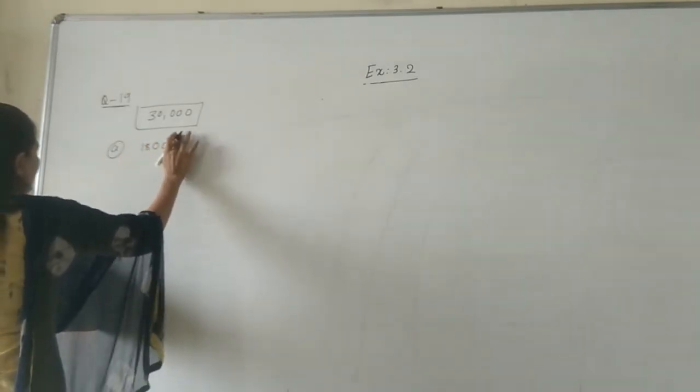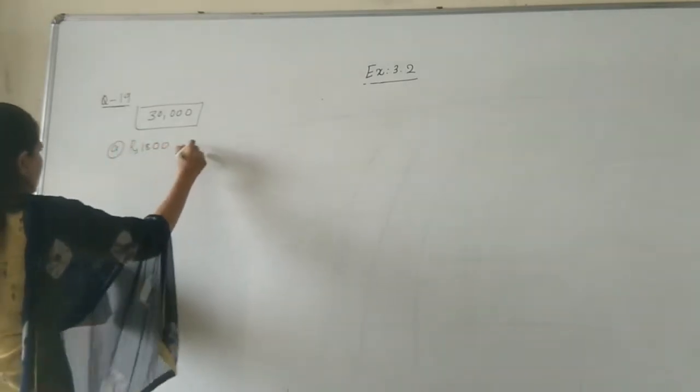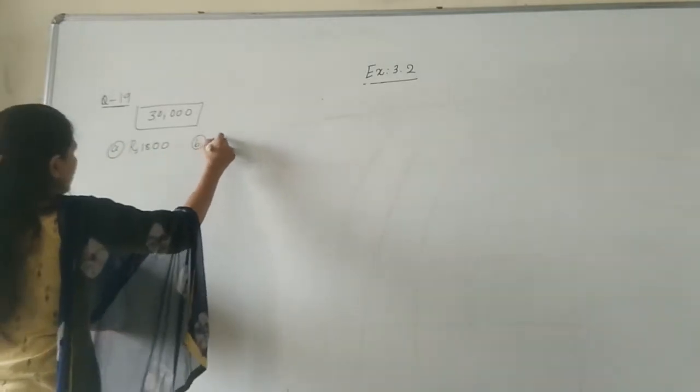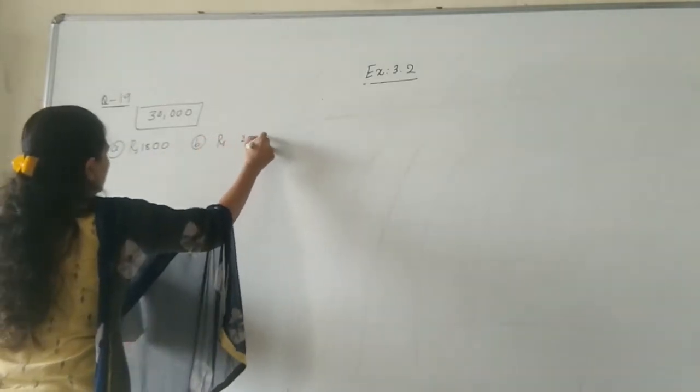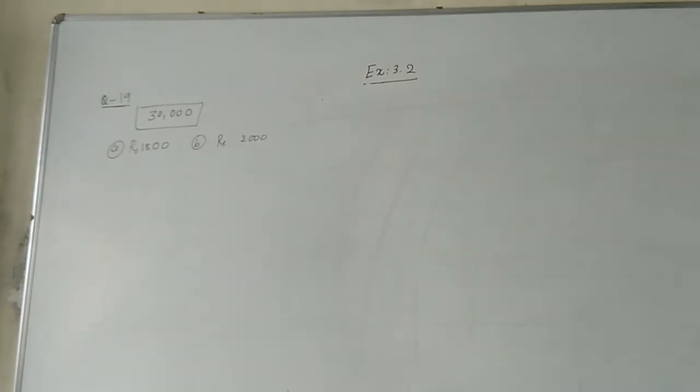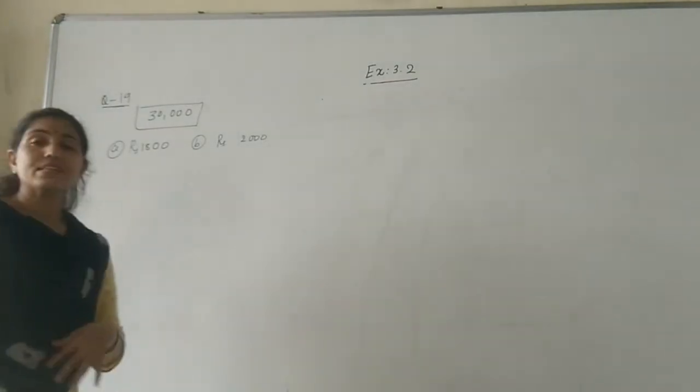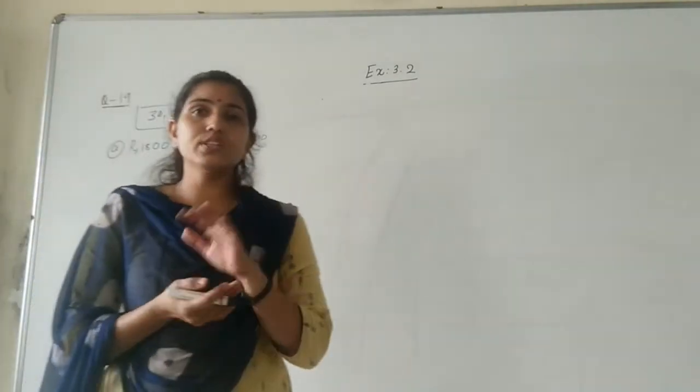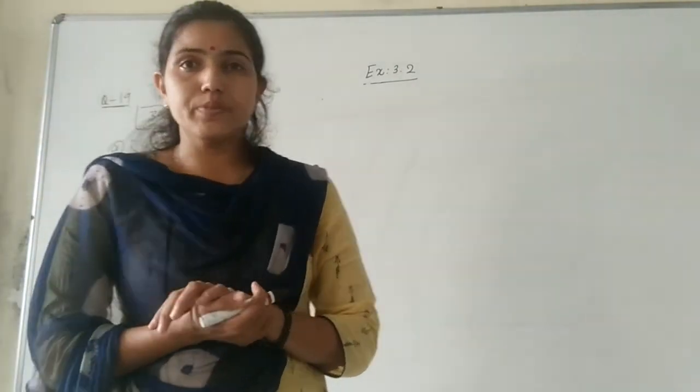A, 1800 rupees, and B, 2000 rupees. So now let me solve this question. Now we are solving the multiplication and it is given that we solve this question by matrix multiplication.